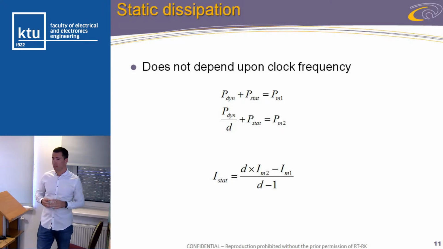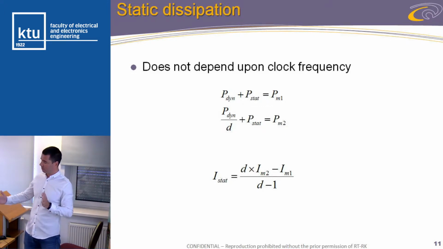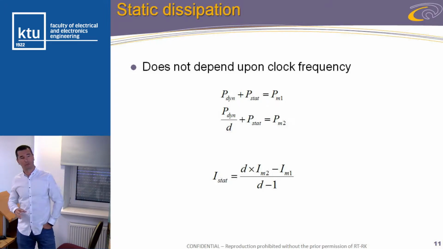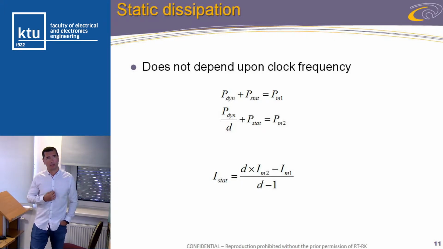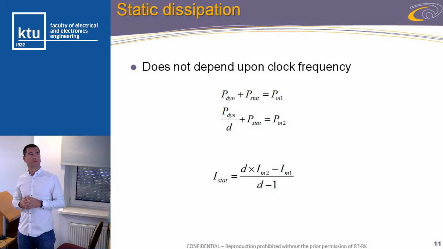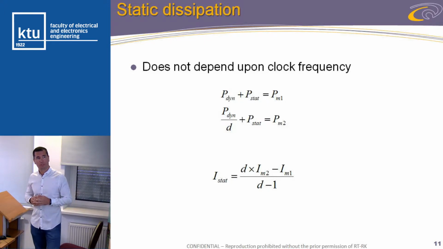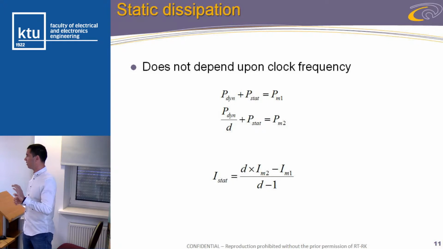We know that static dissipation does not depend on the period of the clock cycle, so we can use that property to identify leakage current. Based on that, we can create two equations to identify the part that does not depend on clock frequency.